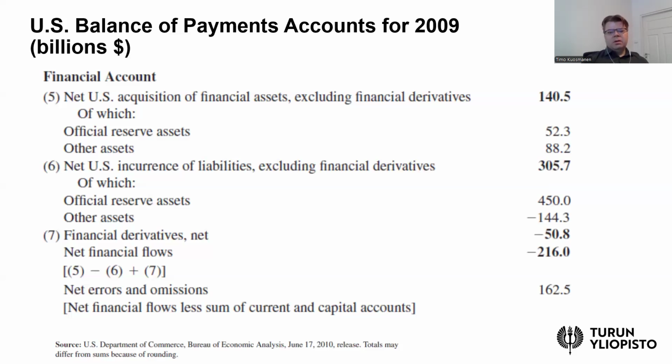For example, if some goods were sold in December, but the payment is received in January, or the other way around, then there can be differences in the timing of these financial transactions, and when an item is recorded in the trade statistics can be different. But still, this 162.5 billion US dollar difference is quite sizable.